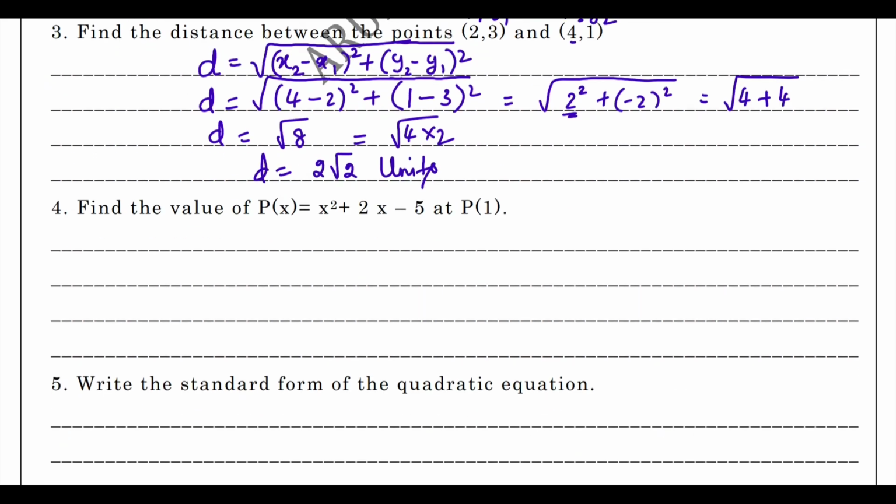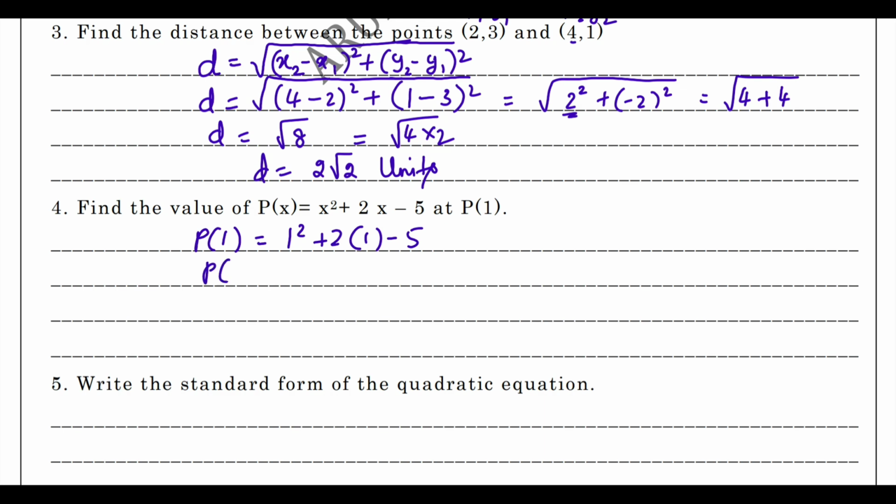Next, find the value of p of x, that is x square plus 2x minus 5, at p of 1. We need to find out the value p of 1. That means replace x by 1. We get p of 1 equals 1 square plus 2 into 1 minus 5.